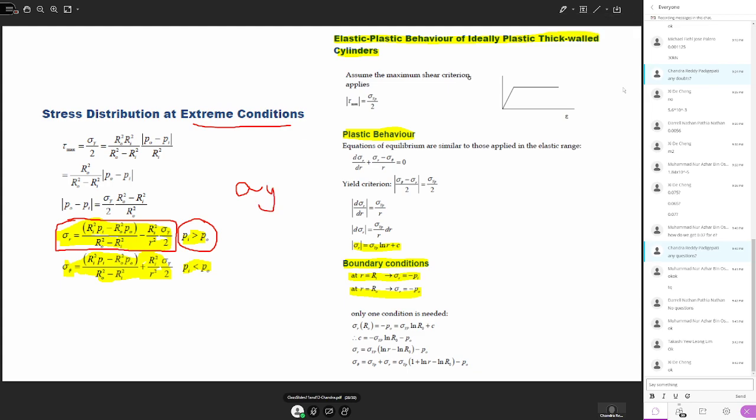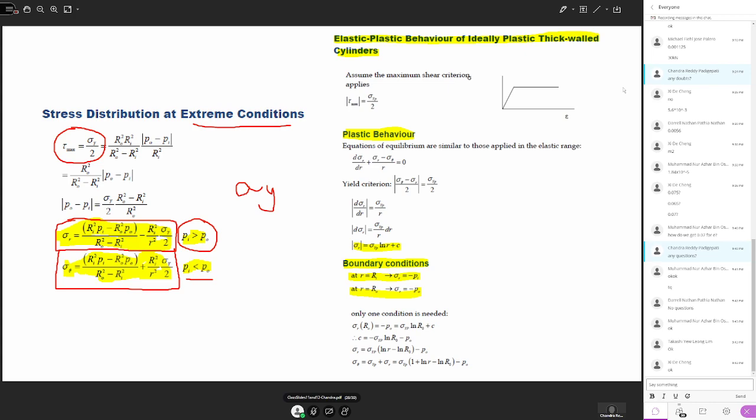When the maximum shear stress is half of the yield stress and the inner pressure is greater than the outer pressure, the radial stress can be given by this expression. Similarly, the tangential stress sigma theta can be given by this expression when the inner pressure Pi is less than the outer pressure Po.